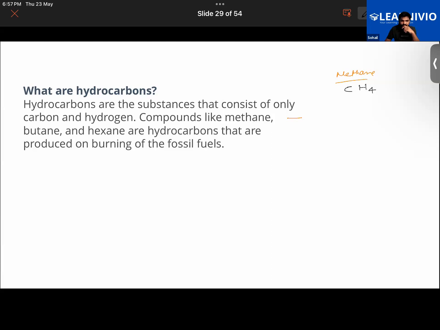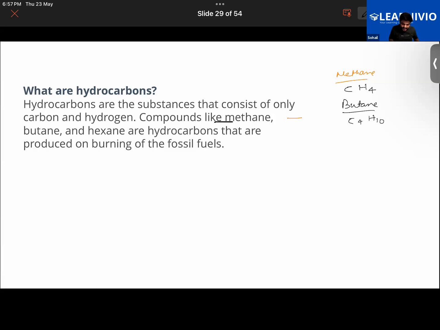All right now. So in different kinds of fuels also, you will find that hydrocarbons will be found. For example, butane, that is C4H10, 4 atoms of carbon, 10 atoms of hydrogen.